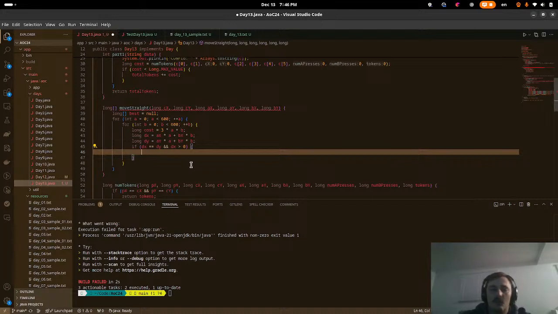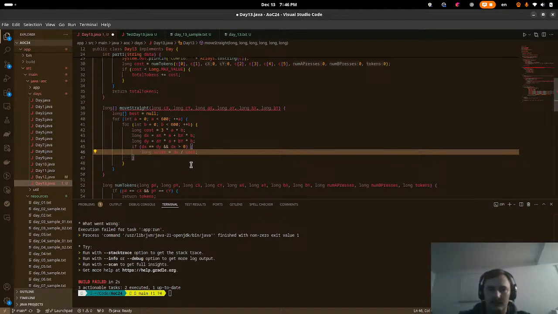Then you make a score equal to the dx divided by the cost.